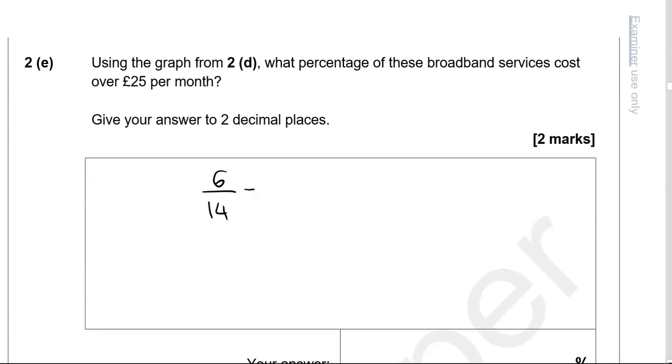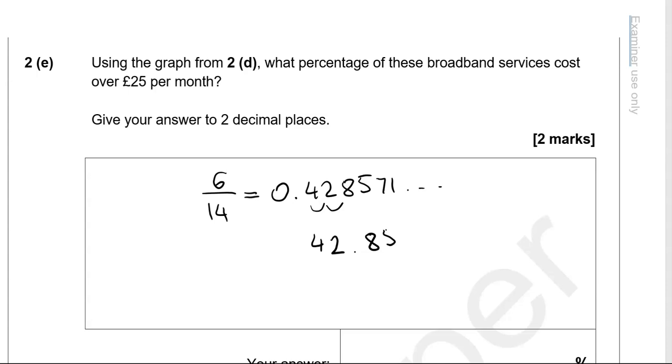So if we do this in the calculator, 6 divided by 14 gives us 0.428571 and so on. As a percentage, we move the decimal point 2 places to the right, so we then get 42.8571, and we've got to give our answer to 2 decimal places.